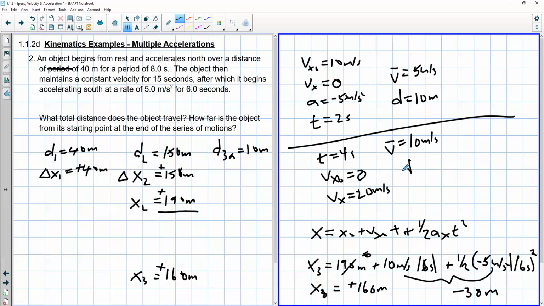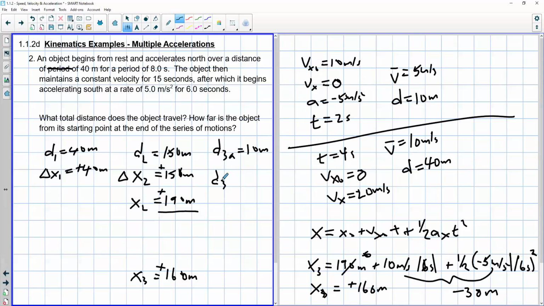And so the distance traveled, if it's an average speed of 10 for 4 seconds, that's going to be 40 meters. So distance 3B, 40 meters. Okay, so the total distance traveled here is going to be 40 plus 150, which is 190, plus another 50. So 190 plus 50 is going to be 240 meters.